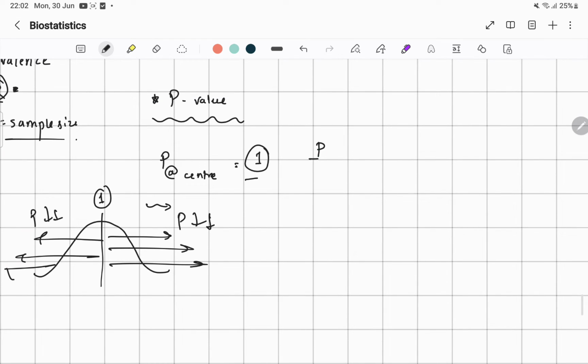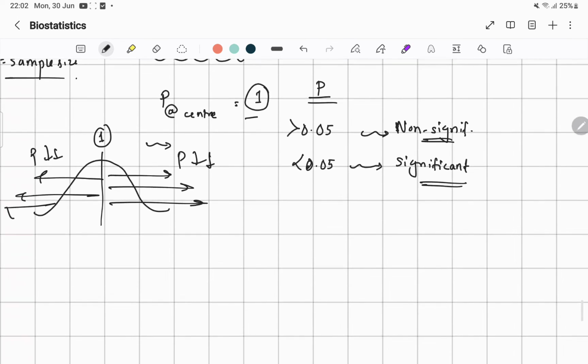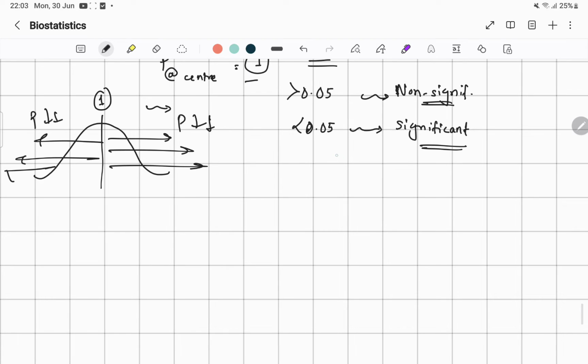If the p value is more than 0.05, we call it a non-significant p value. If the p value is less than 0.05, it is called a significant p value. So whenever you say that a p value is less than 0.05, what do you mean? You mean that there is a hypothesis 1, which was the original thing, called the null hypothesis, H0.